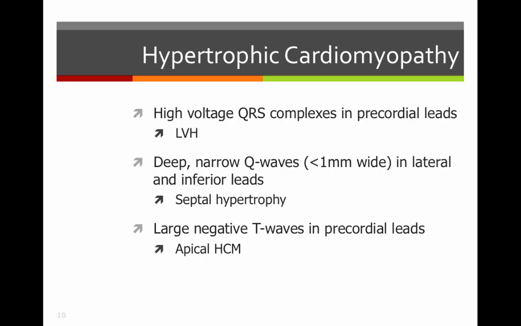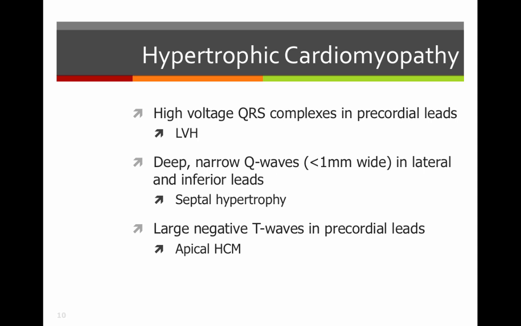Your HCM patient will definitely have left ventricular hypertrophy, and that's due to the left ventricular outflow tract obstruction. So you'll see high voltage QRS complexes in the precordial leads and meet LVH criteria.